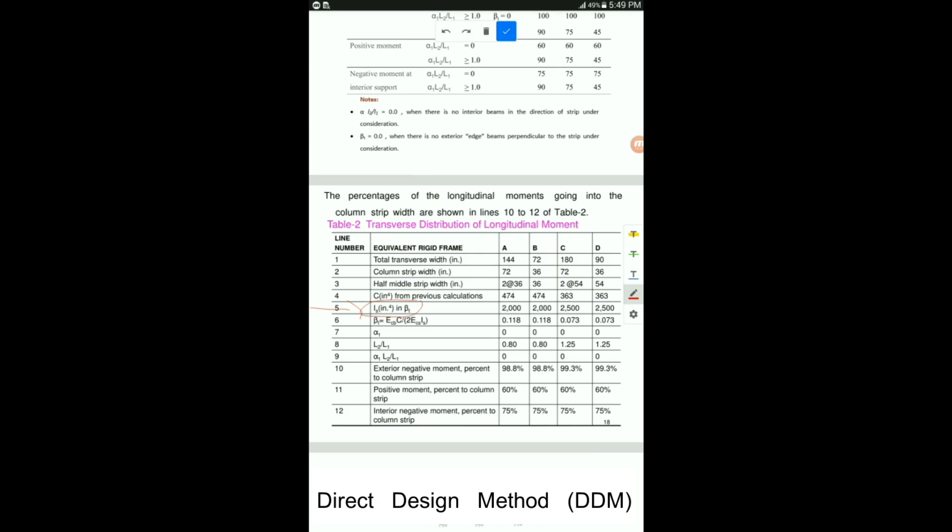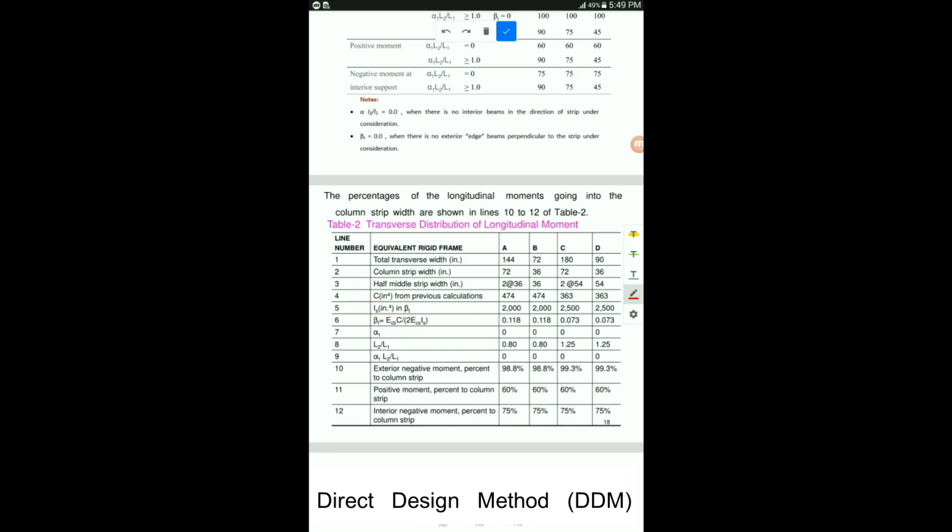The formula is Is equal to b h cubed by 12. So for rigid frames A and B, the value of width b will be taken as 12 feet multiplied by 12 to convert into inches, and the value of h will be 5.5 inches because the slab thickness is 5.5 as given in the numerical.